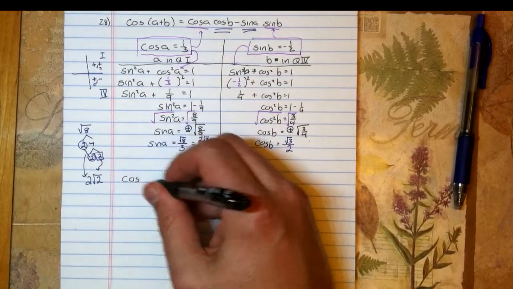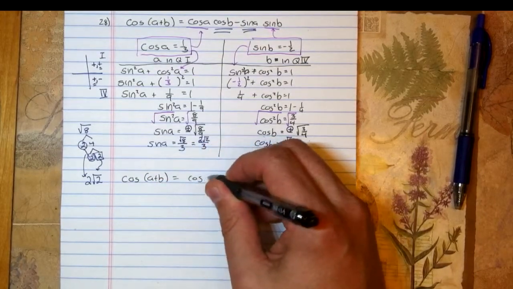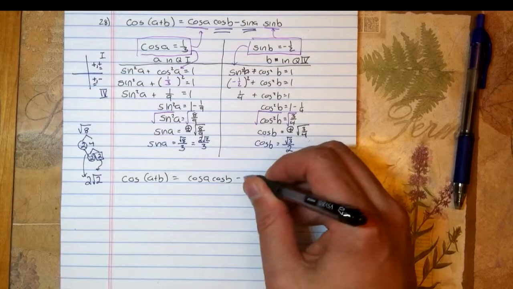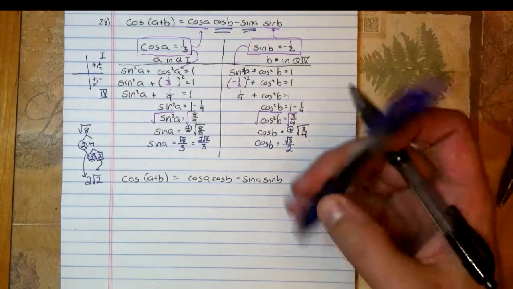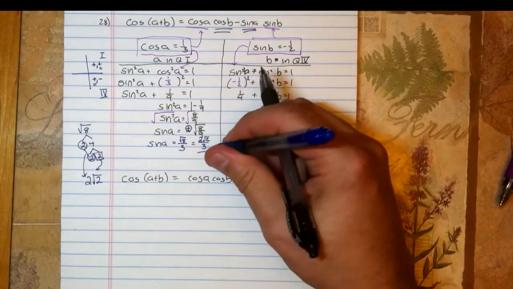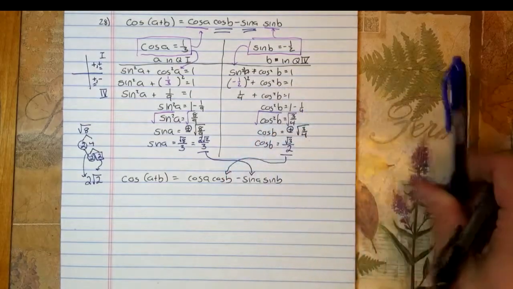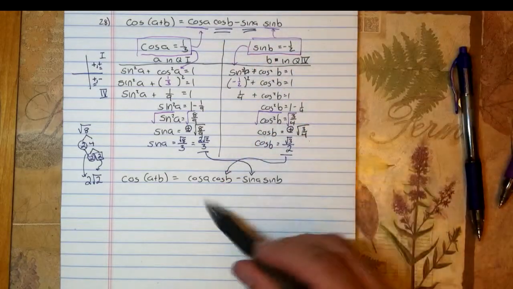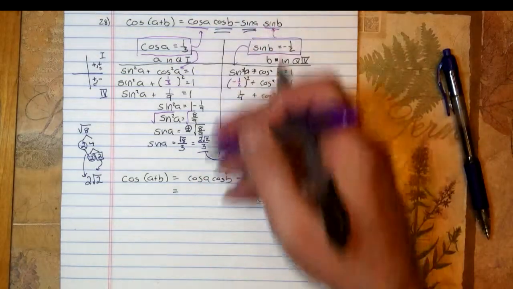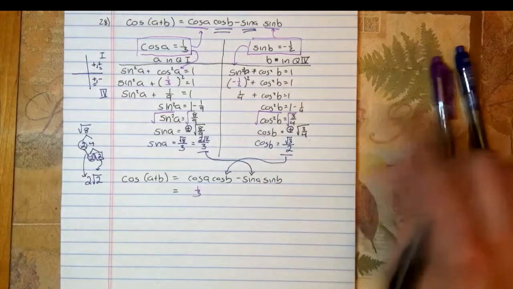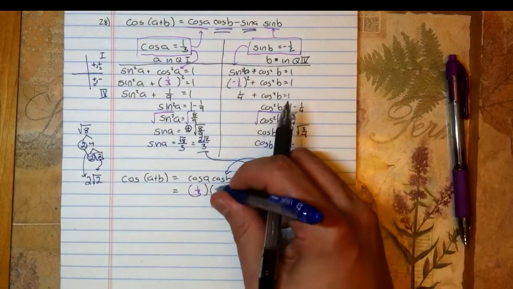So we're going to say that cosine of A plus B, I'm going to start by rewriting the formula, equals cosine A, cosine B, minus sine A, sine B. And now we can plug this value in for sine A and this value in for cosine B. And I have my given values up here that I can plug in for cosine A and sine of B. So cosine A, it says, is 1/3, and that is times my cosine B I figured out was square root 3 over 2.